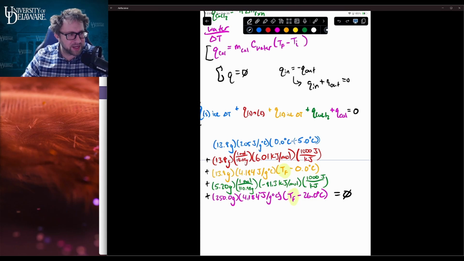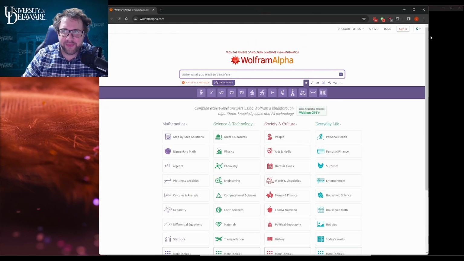This is just algebra. We have multiplication, addition, and subtraction. So if we were solving this, we would want to distribute across parentheses. I'll walk through that later. But because there are so many steps and so many calculations, I wouldn't do this by hand, because it's so likely to result in an input error.